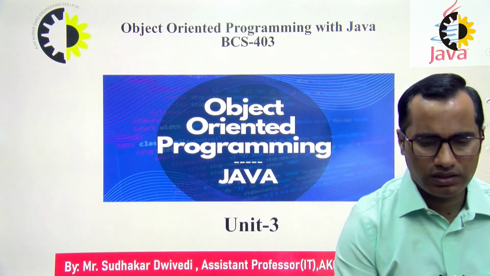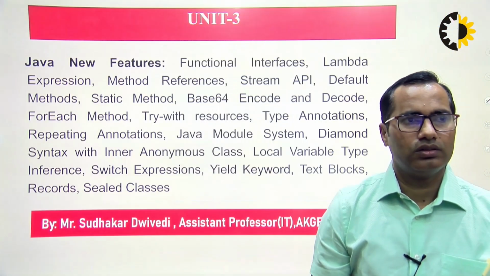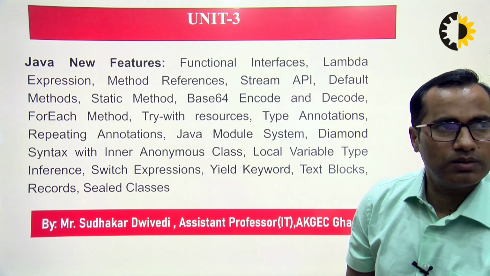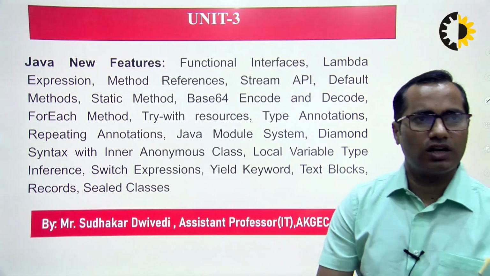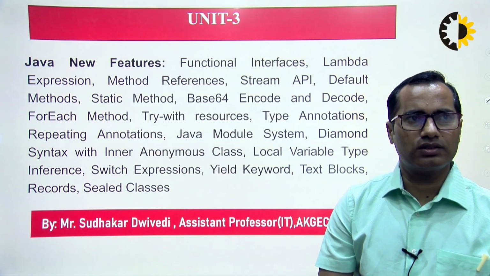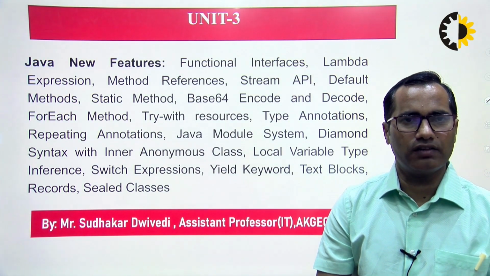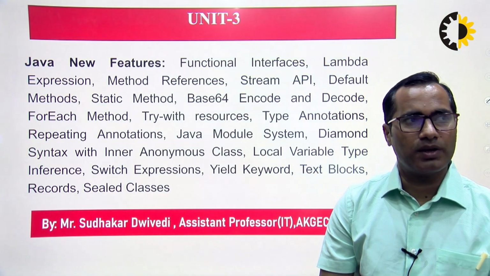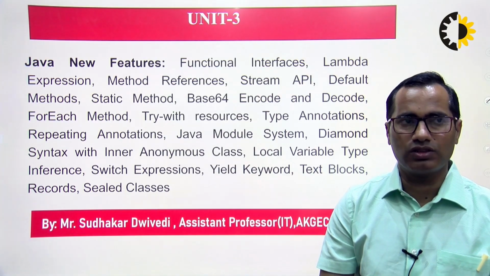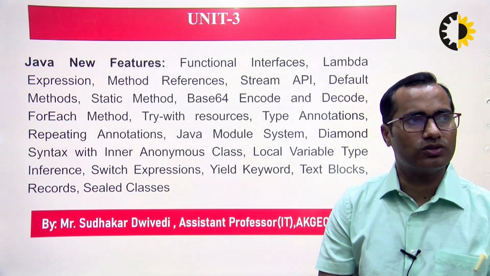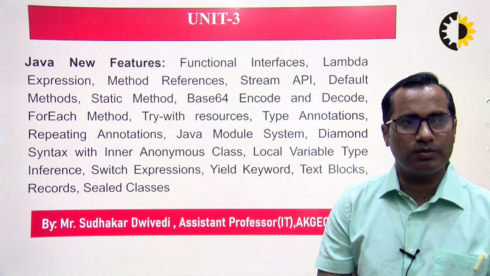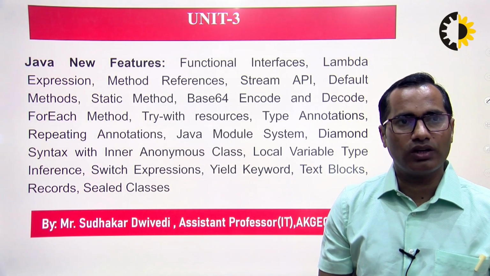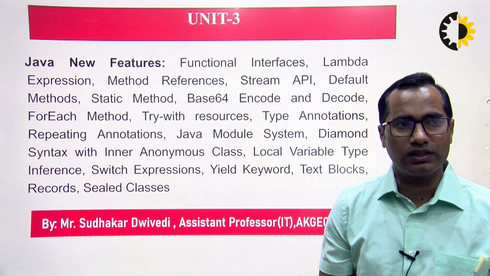So as we can see, Java 8 new features in our syllabus. It is mentioned that the Java 8 new features include topics like the functional interface, Lambda expressions, method references, stream API, default methods, static methods, what is the base64 encode and decode, how we can use the forEach methods, how we can use the try with resources, what are the annotations, type annotations, repeating annotations.